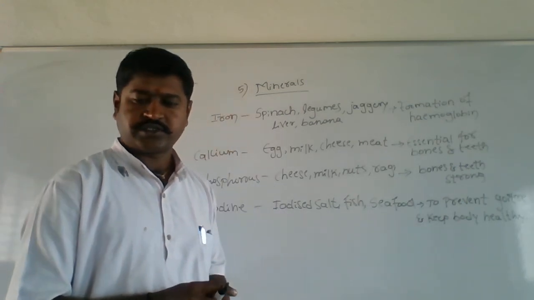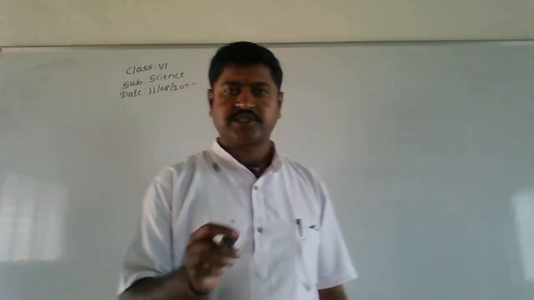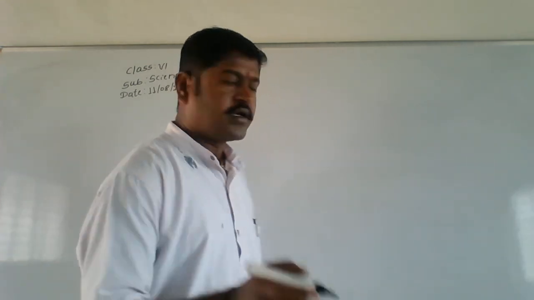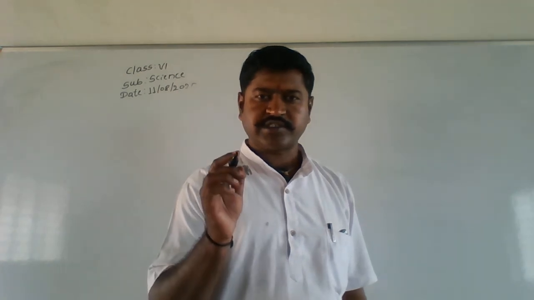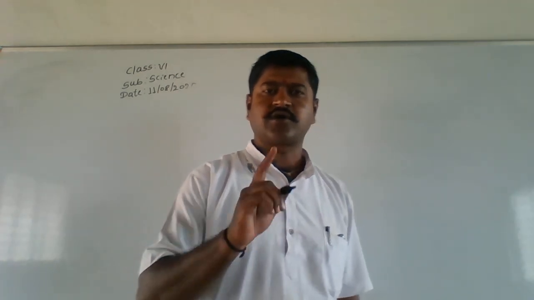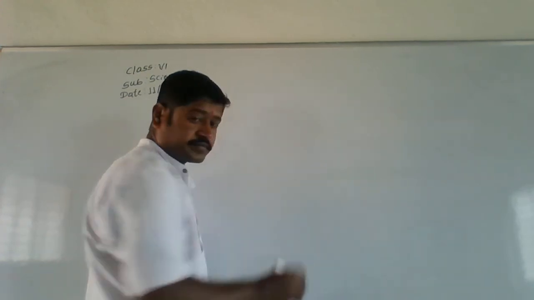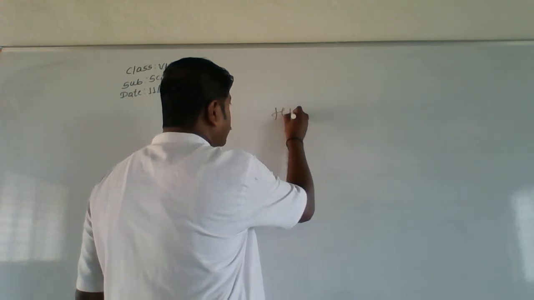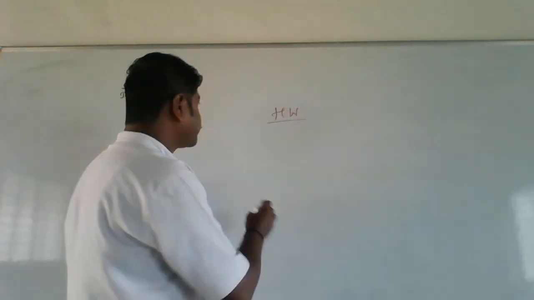So what you have to do is read the textbook. First, read the textbook, right? If there are any doubts, call the school number and ask for your science teacher. I will be there and we'll solve it, right? So today's homework. You have to make a list.